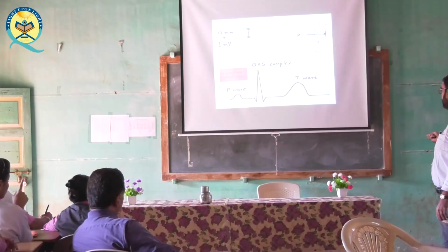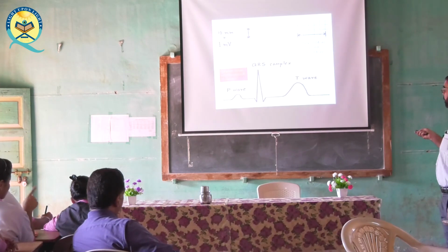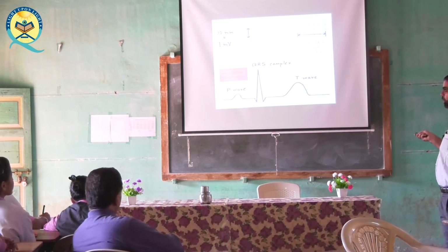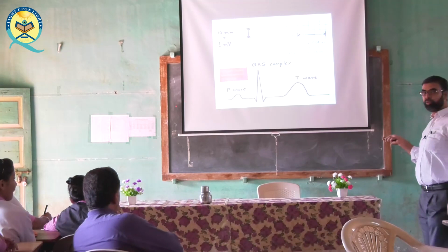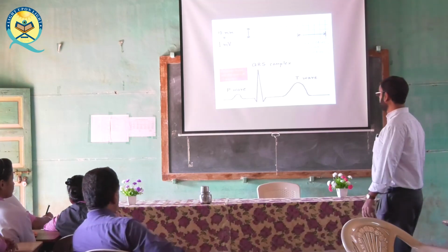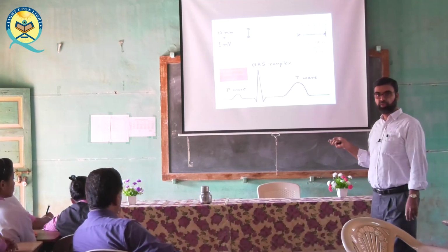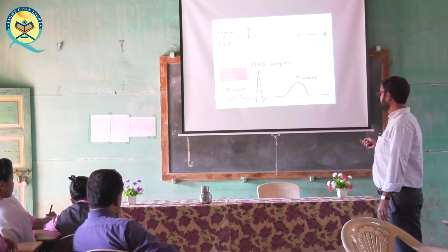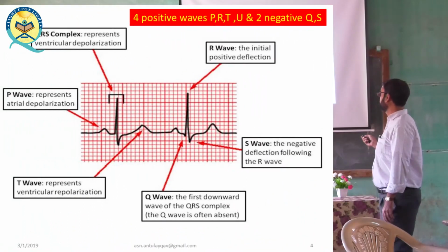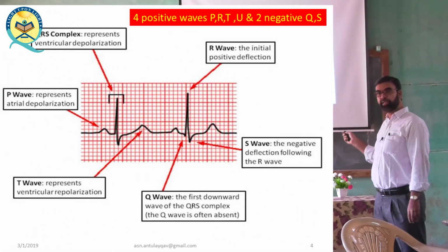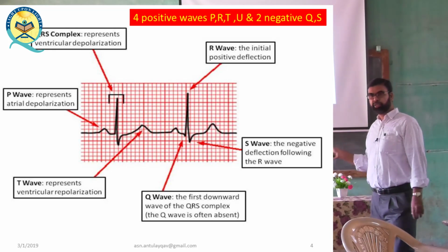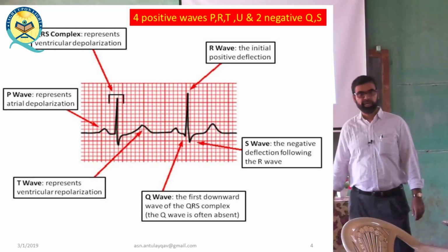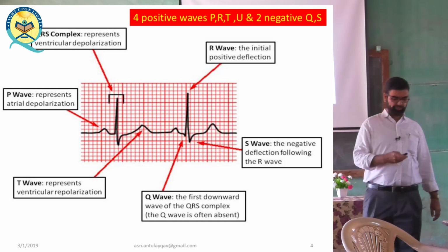The waves above it are called positive waves, and the waves below it are called negative waves. Got it? So positive waves are P, R and T, and negative waves are Q and S, okay.